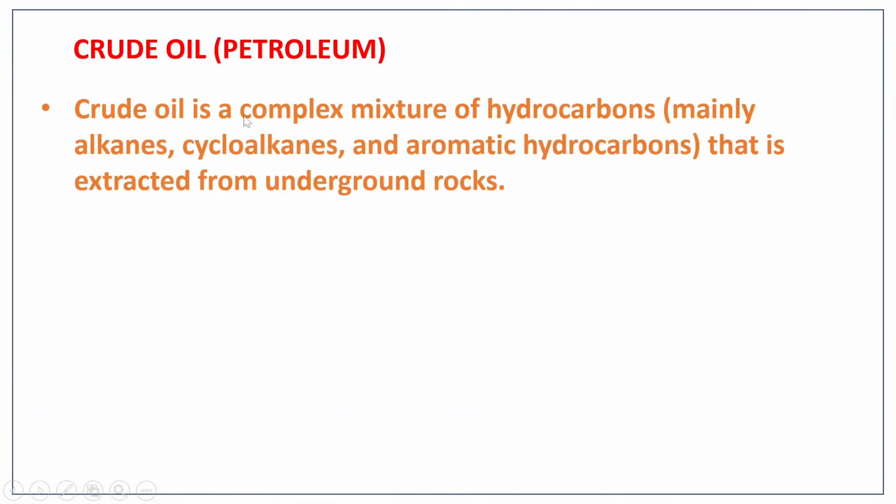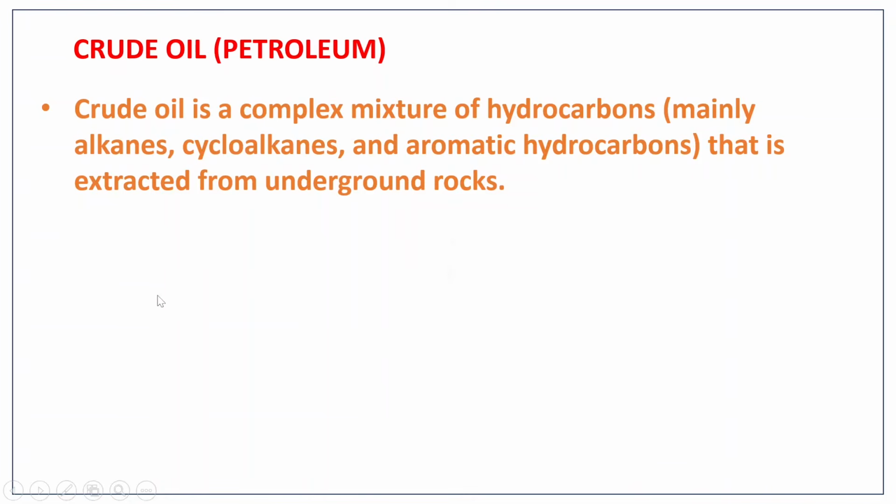Crude oil is a complex mixture of hydrocarbons, mainly alkanes, cycloalkanes, and aromatic hydrocarbons, that is extracted from underground rocks. Crude oil is actually the source of all the different types of oils, or fuels, that we use in this world on earth.